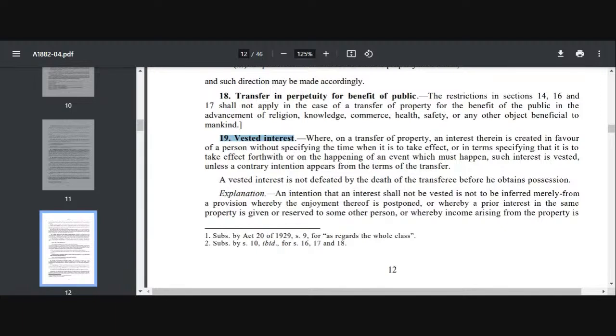So if the person is born alive, the interest will get vested in him. Even if the unborn person is not given possession immediately, but the interest is vested. और contingent interest होता है कि contingency पे depend कर रहा है. It is depending upon a specified uncertain event which will happen or which will not happen.